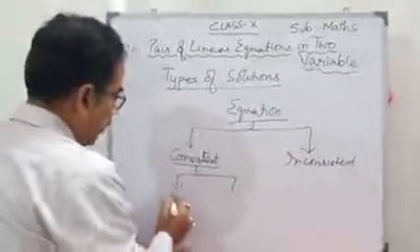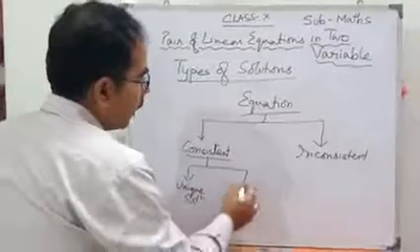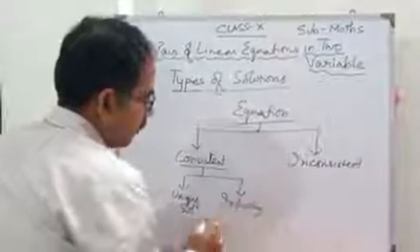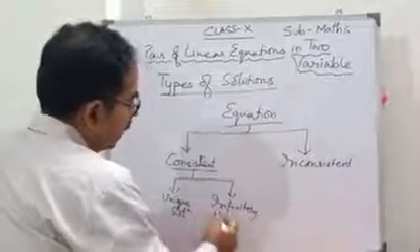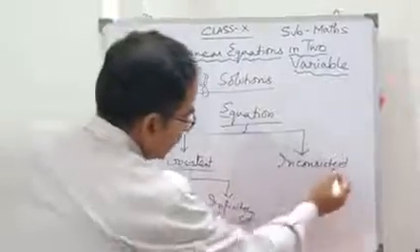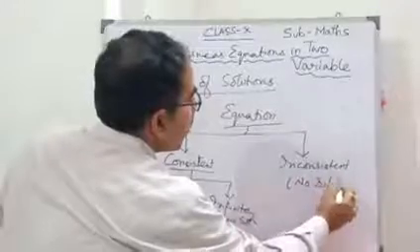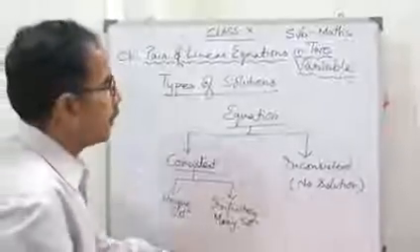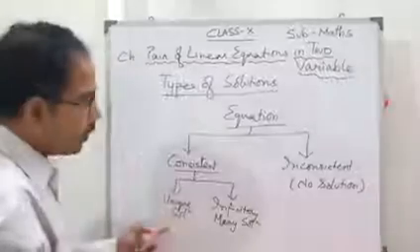Again, one is unique solution, another one is infinitely many solutions. And under inconsistent, the thing is coming as no solution, as it is inconsistent. So students, pay attention over here. Types of solution, three different types of solutions you are getting here. First one is unique solution under the consistent.